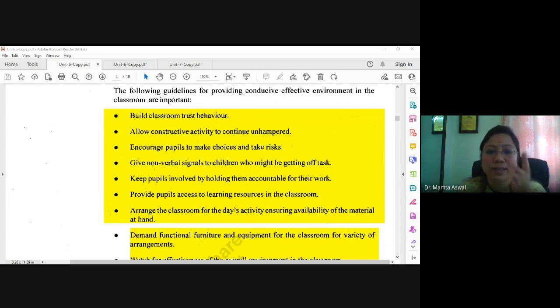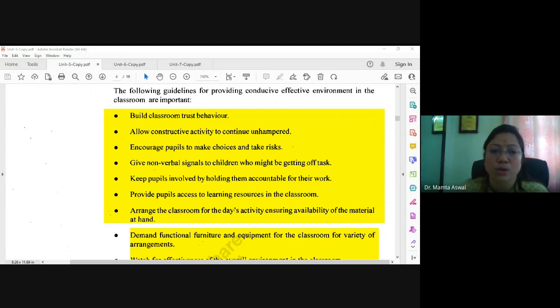So whenever you, as Miss Maniba has said, use eye to eye contact, you look at the child continuously, and the child comes to understand that yes, I should not do this thing. It means that this is a kind of non-verbal signal. Sometimes you stare, sometimes you make your eyes bulge out, sometimes you continuously look at the child, sometimes you do it with your finger just like this.